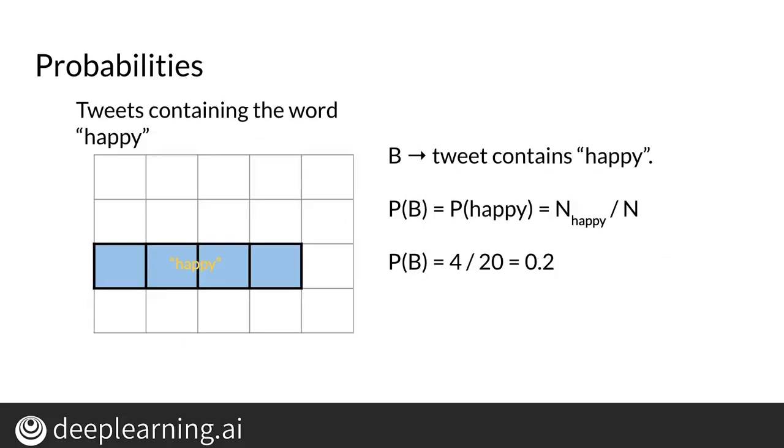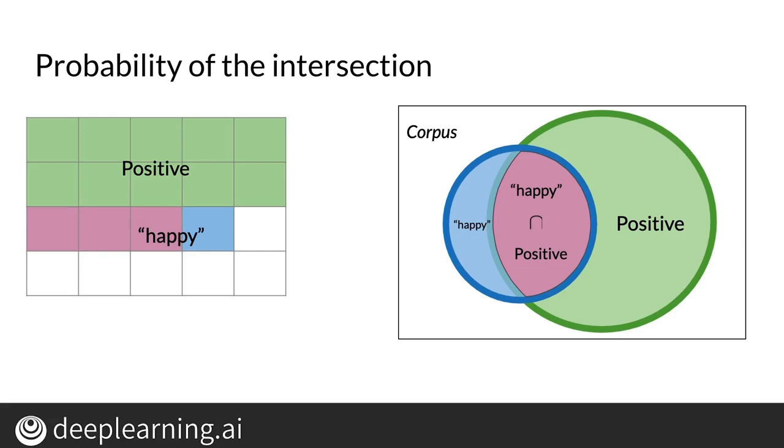Let's define event B in a similar way by counting tweets containing the word happy. In this case, the total number of tweets containing the word happy is 4. Here's another way of looking at it. Take a look at the section of the diagram where tweets are labeled positive and also contain the word happy.